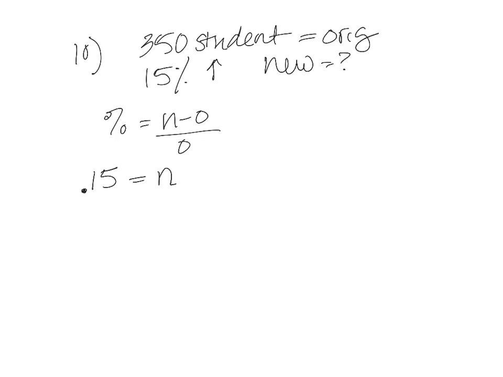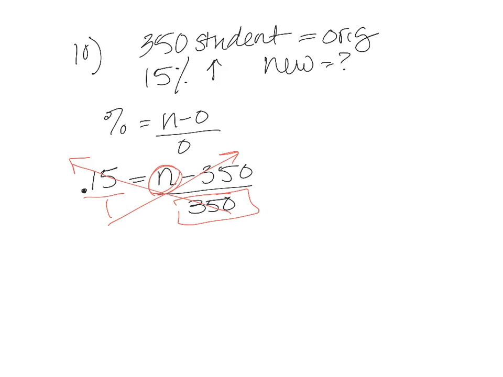I don't know my new, but I do know my original. And so now I'm going to use cross products again to get rid of my denominator because I need my n all alone. So 350 times 0.15 is 52.5. And then 1 times all of this stuff is n minus 350.